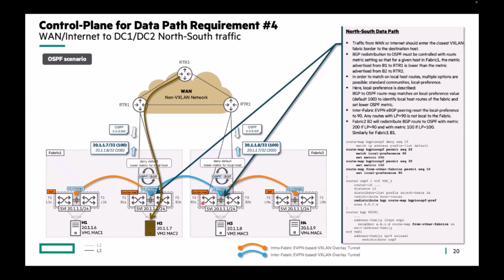For north-south traffic, whatever routes come in from the other fabric, set local preference 90 and make the metric 200; whatever is in the local fabric already has metric 100 and local preference 100, so that is preferred. That is what we have highlighted in bold here: 120.1.1.7/32 will have metric 100, and dot 8, the other side, will have metric 200, which will be the backup.